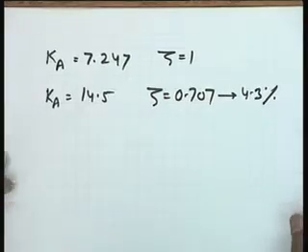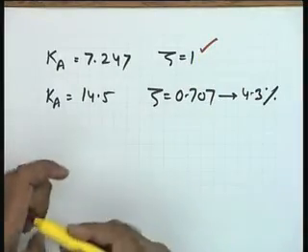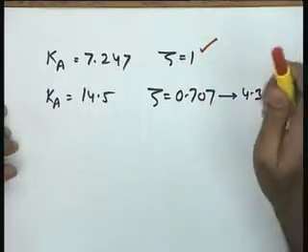So, now let me take some numerical values please. I hope you have noted down. Okay, all of you just verify. If there is any error, please inform me about that. Otherwise, hopefully the calculations are right. Now let me take the value of Ka equal to 7.247. Why did I take this value? Just for the sake of comparison, I have taken a value which gives me zeta equal to 1.